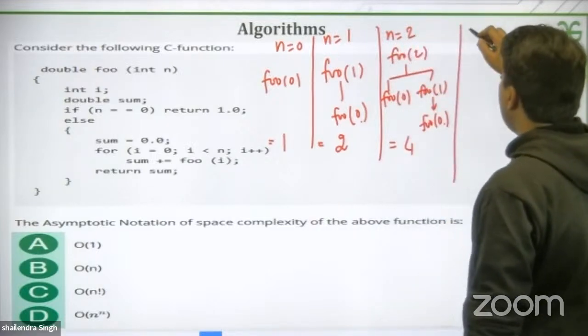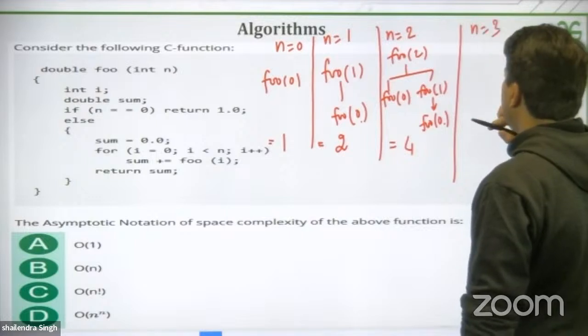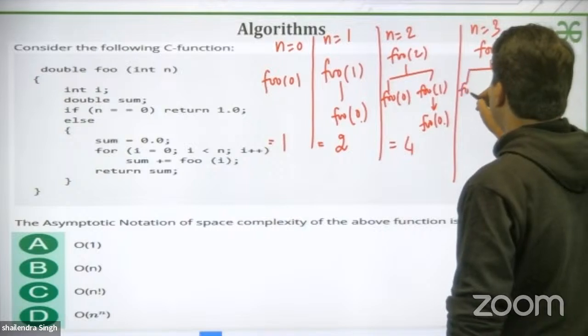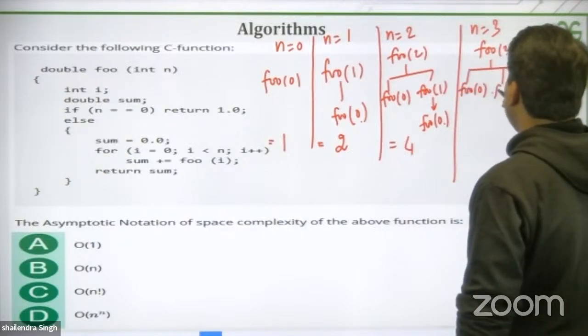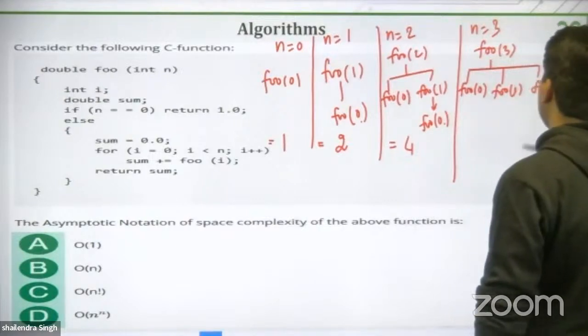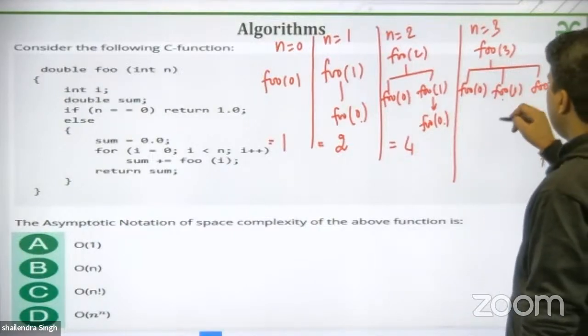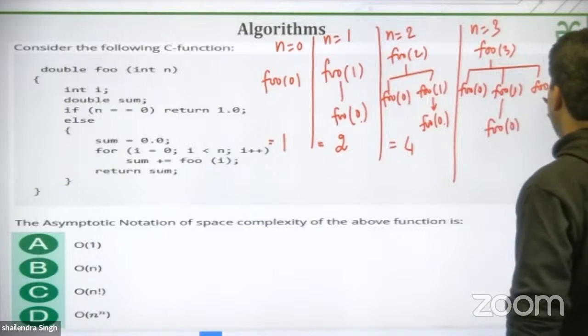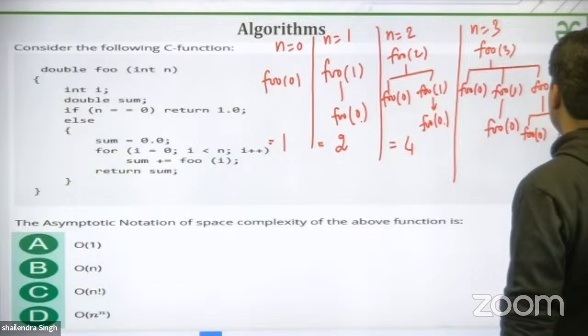Now if n equals 3, dear student, what will happen? foo(3) is calling foo(0), foo(1) and foo(2). It is a recursive algorithm: foo(1) is calling foo(0), foo(2) again calls foo(0) and foo(1), and foo(1) again calls foo(0), right?